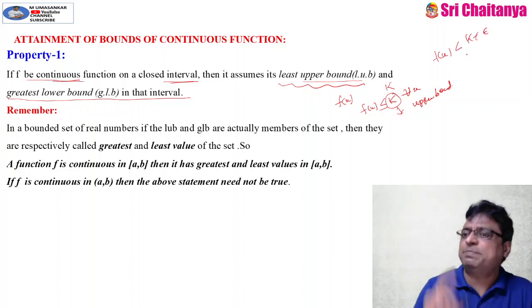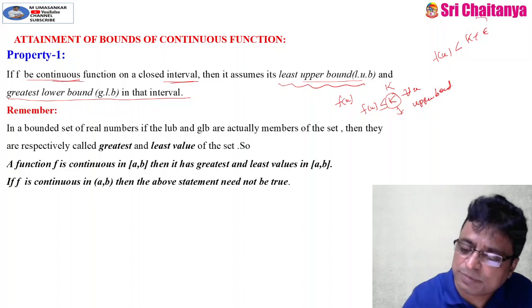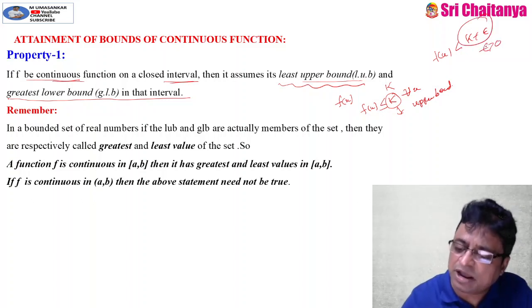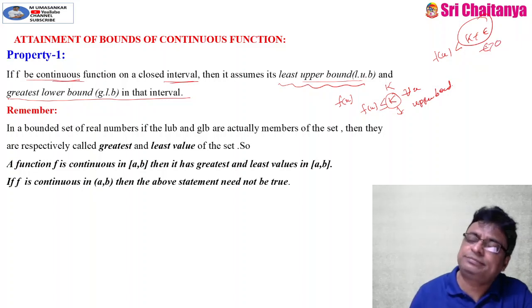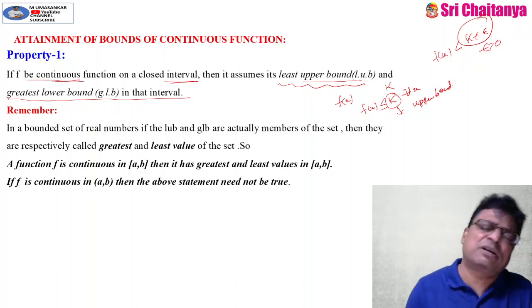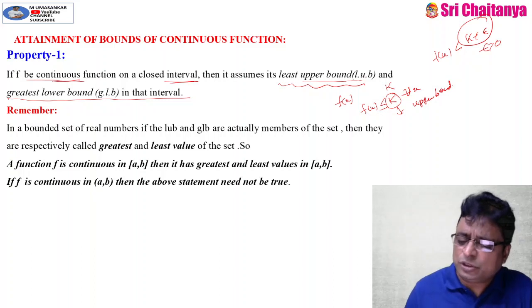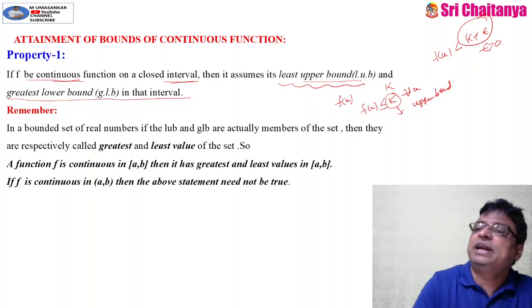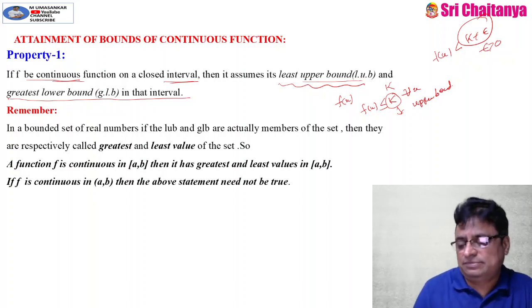So if k is an upper bound, then k plus epsilon is also an upper bound. What is epsilon? Epsilon is any arbitrary positive real number, however small it may be. So once an upper bound exists, there exist infinitely many upper bounds.